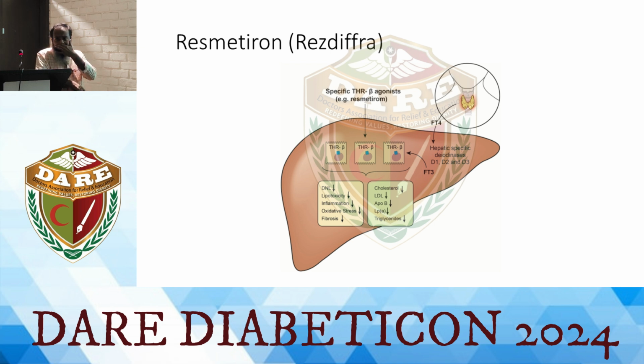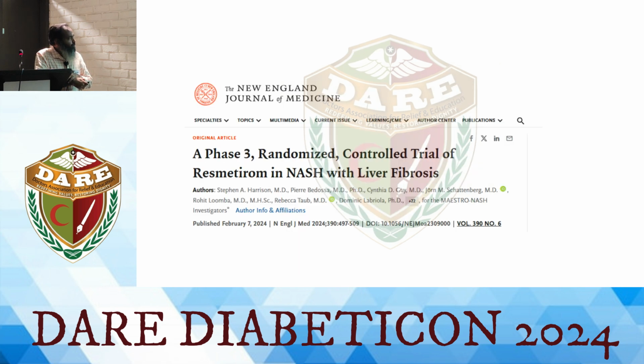So it reduces the triglyceride content within the liver, and by decreasing the fat content within the liver, it has been shown to have a beneficial effect even up to the fibrosis level. This was a study published in February, which has shown that this drug at 80 to 100 milligrams has been beneficial both in inflammation improvement as well as fibrosis improvement.